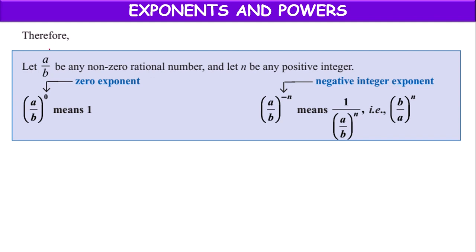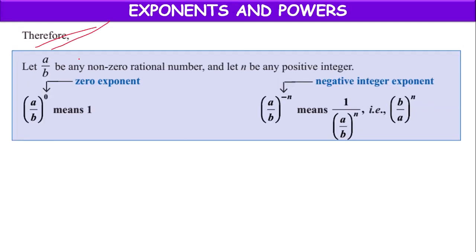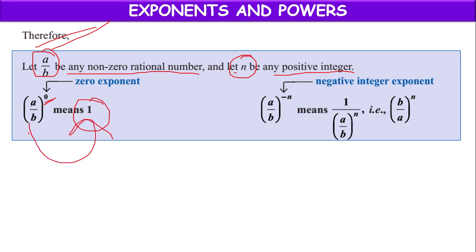So next. Let a by b be any non-zero rational number and n be any positive integer. So a by b whole power 0 is equal to 1, always equal to 1.